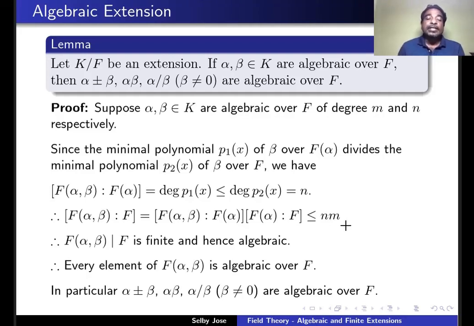That means that F(alpha, beta) over F is a finite extension, but every finite extension is algebraic, therefore this extension is algebraic.